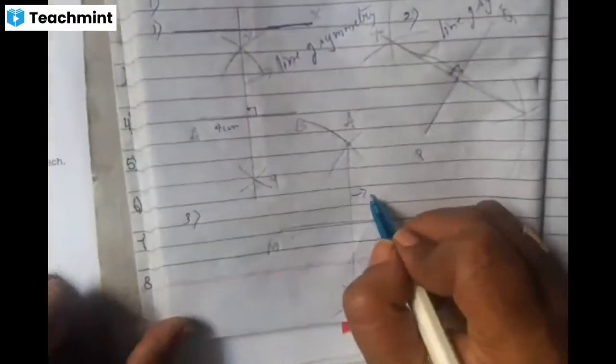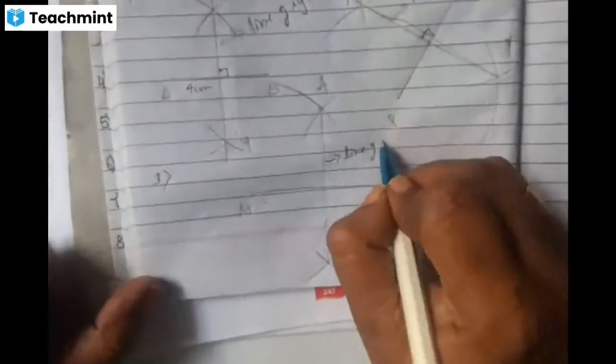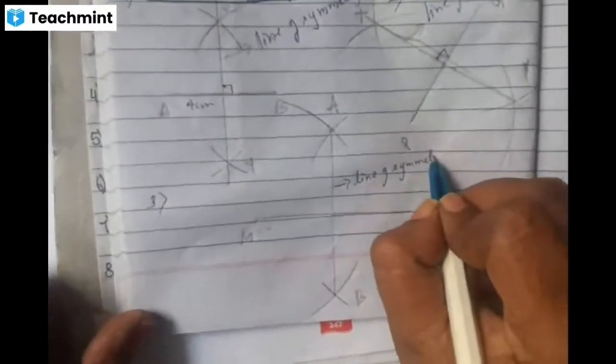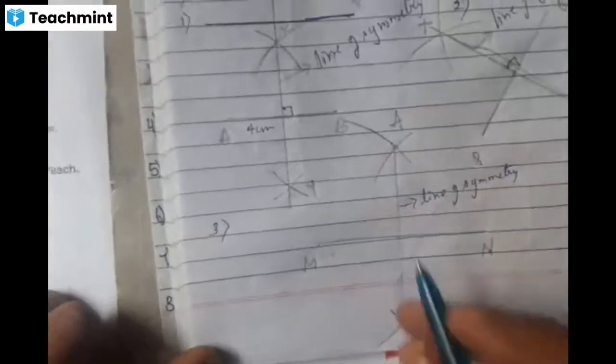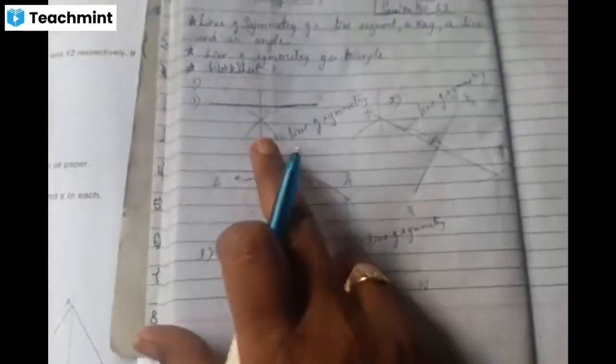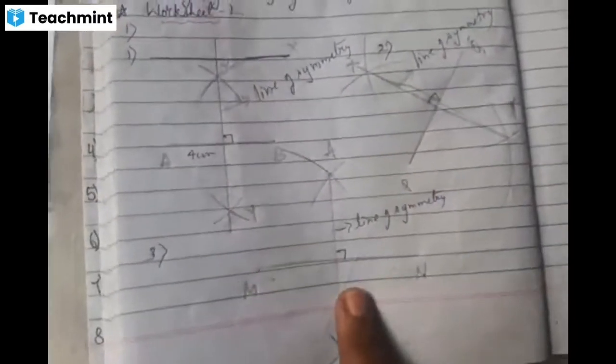After you join the 2 points, you get a line of symmetry. So in a line segment, if you draw a line of symmetry, it is called the perpendicular bisector. We know that. So in this way, we have drawn 3 lines of symmetry of the line segments.